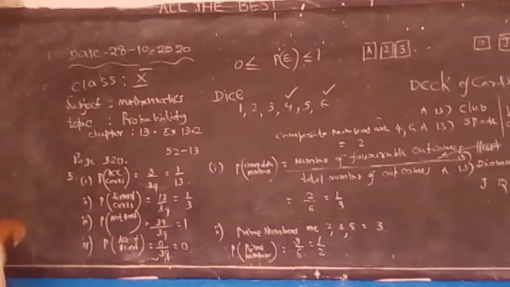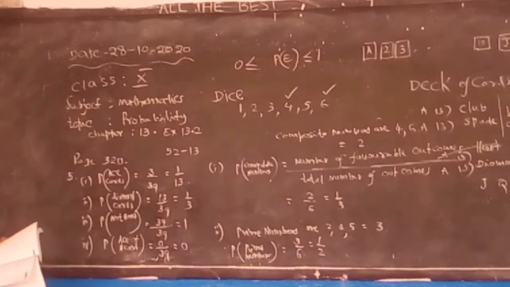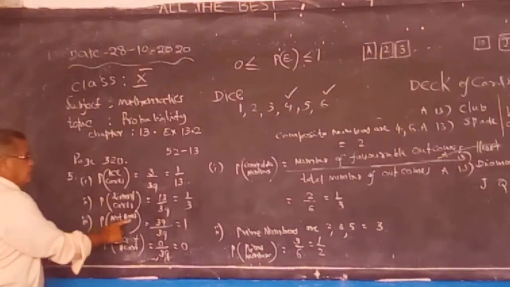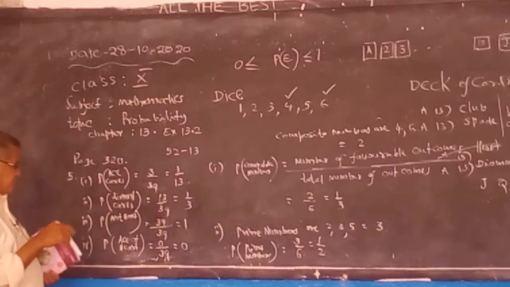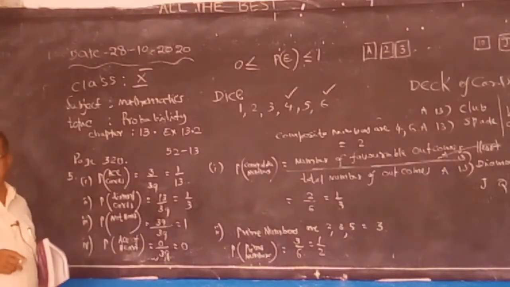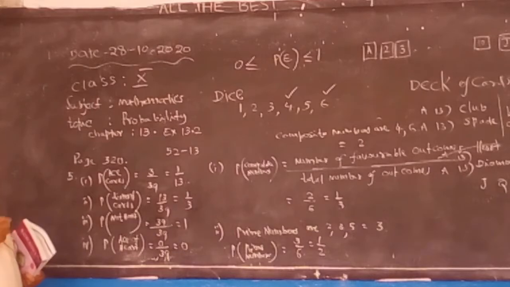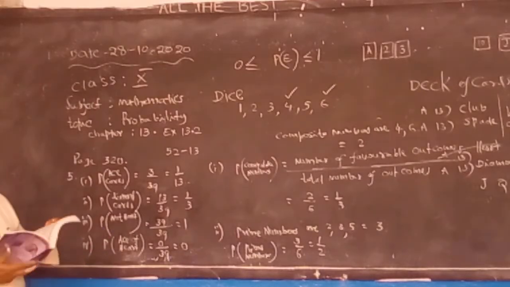So this is the solution of the problem about the cards. Why is this one, not heart? We know all heart cards are removed, so the remaining cards are 39 and the total number of cards is 39. The answer is 1. Right, okay.